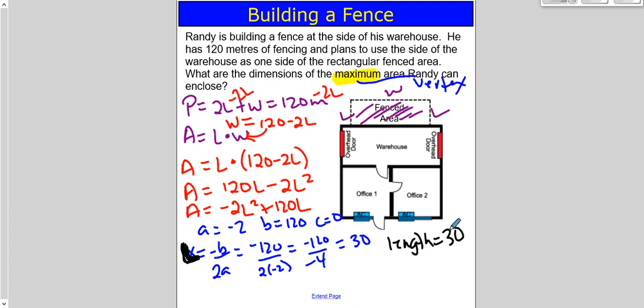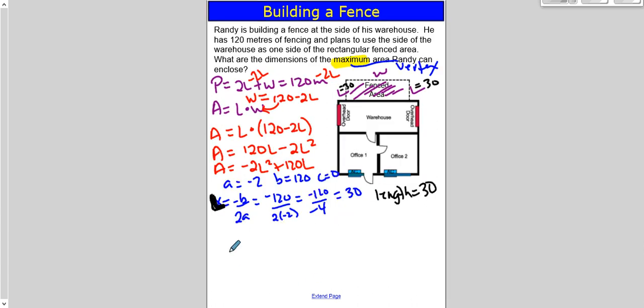So at this point right here, you can keep going if you want. But I could actually stop right here and say, I know my length is 30. So if I go back into my expression here, if this is 30 and this is 30, my length is 30 on each side, and I only had 120 meters of fencing.